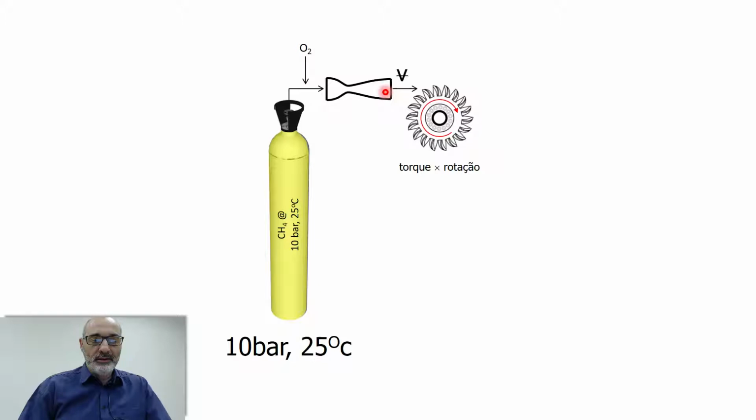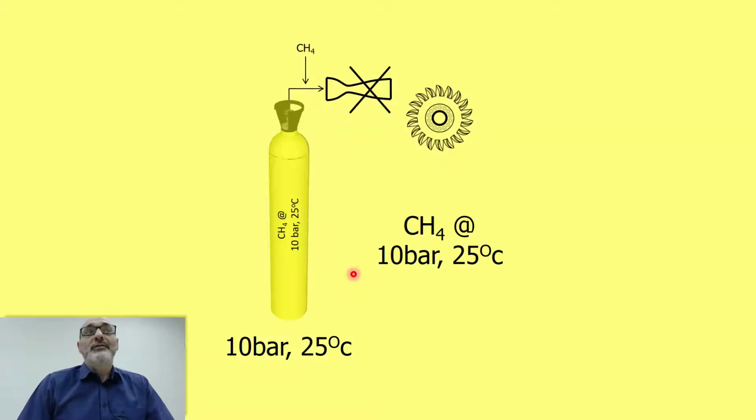Well, but the same problem may apply. What if the chemical composition of the environment is methane, also at 10 bar, 25 degrees? Okay, so the same conclusion. You cannot generate organized energy if the environment is the same as your thermodynamic source.